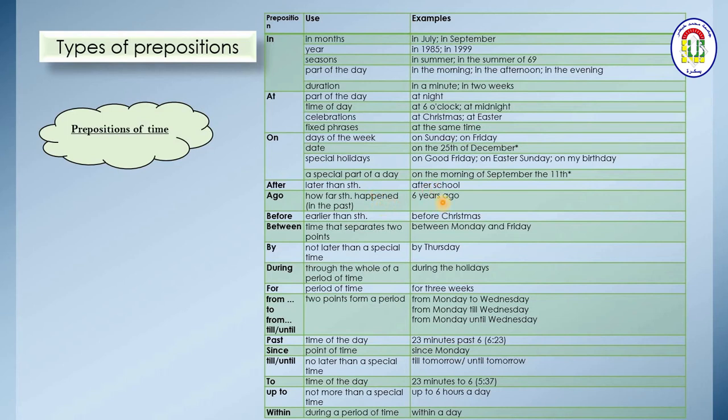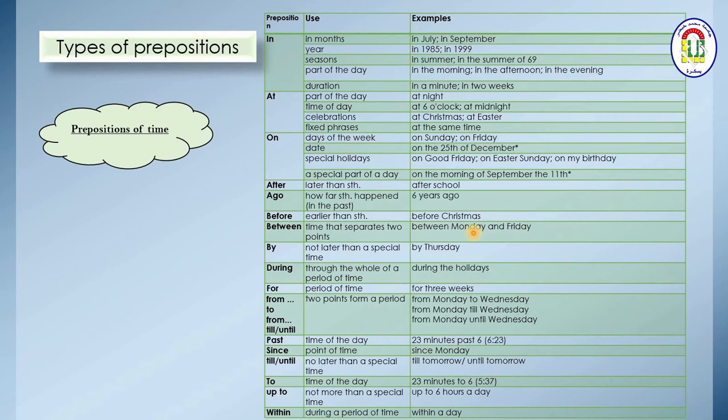6 years ago, and it is normally used directly after the time expression, especially when you have a time expression like here. Before, earlier than something else: before Christmas. Between: it is used when we have time that separates 2 points. Between Monday and Friday.